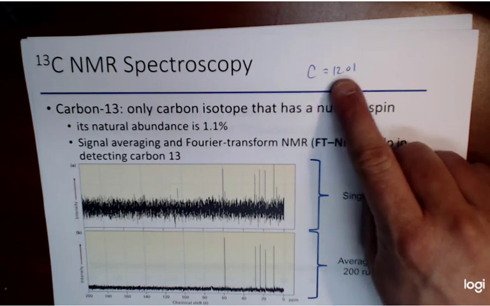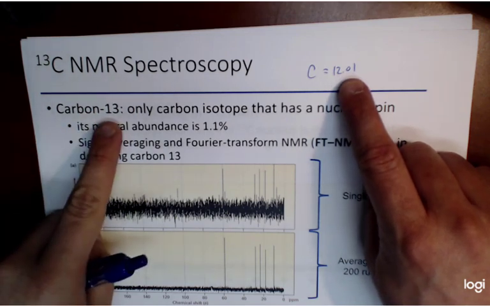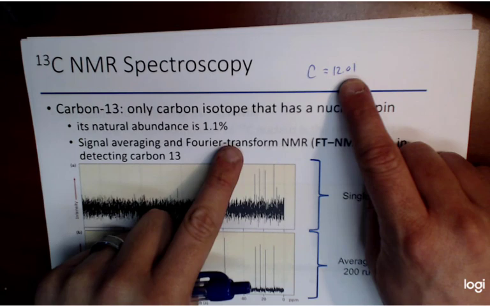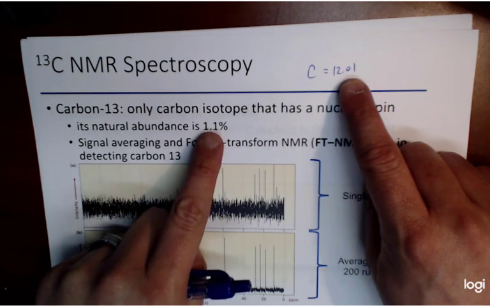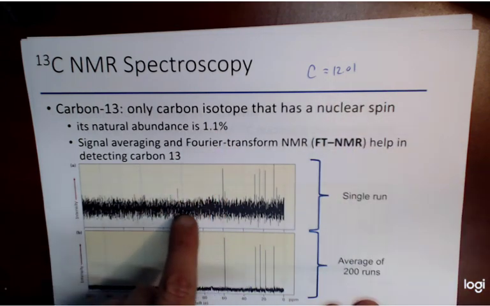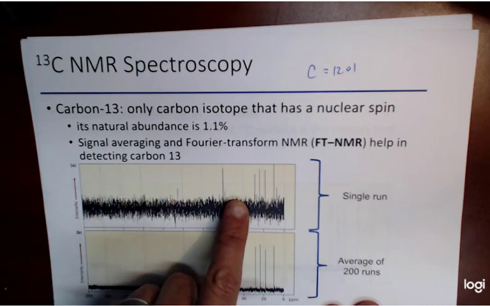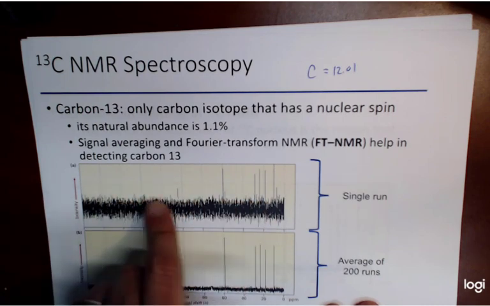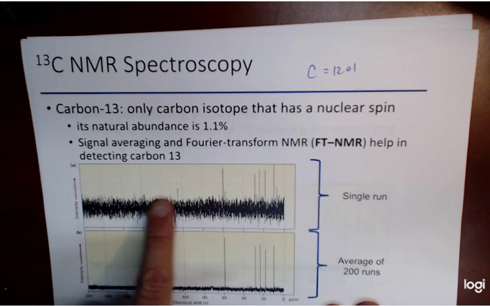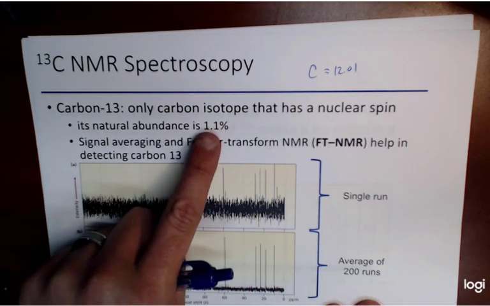So we know the most abundant carbon isotope based off this average is carbon-12. In detecting carbon-13, we have a very low abundance of 1.1%. That's why getting an NMR spectrum for carbon-13 is very noisy, because you don't see a lot of your carbons existing as carbon-13. They typically tend to exist as carbon-12.